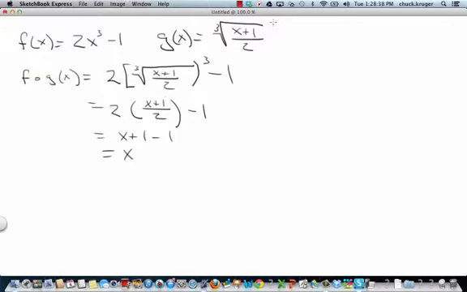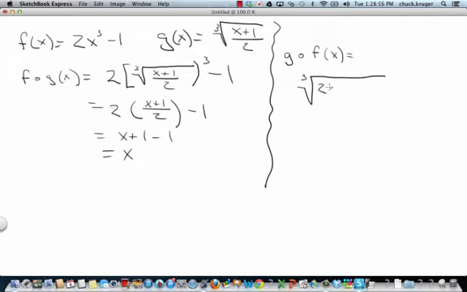So we have to do it both ways, because there are times in which it composes to x on one side but doesn't on the other. So here is g compose f, and that means f of x is going to be put in this time. And so that's going to be the cube root of 2x cubed minus 1 plus 1, all that over 2.